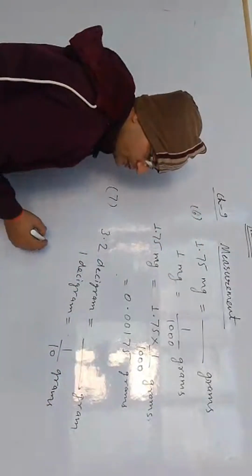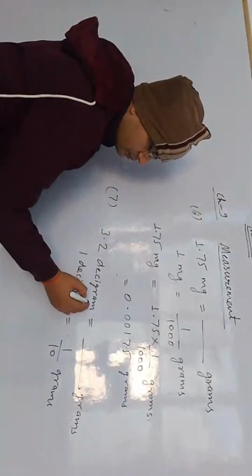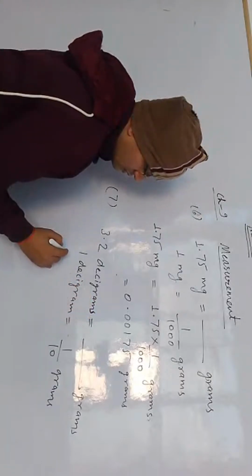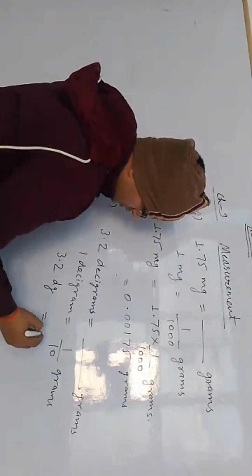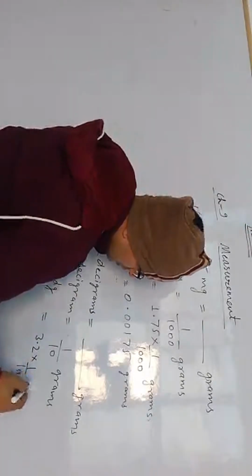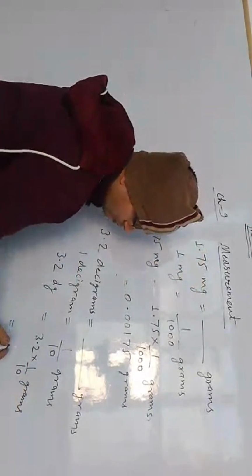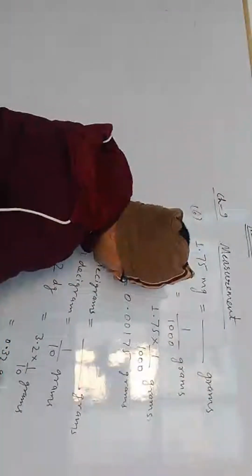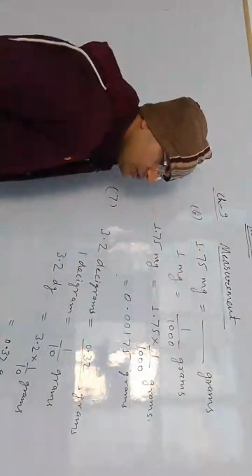Then 3.2 decigrams is equal to 3.2 multiplied by 1/10 grams, which is equal to 0.32 grams.